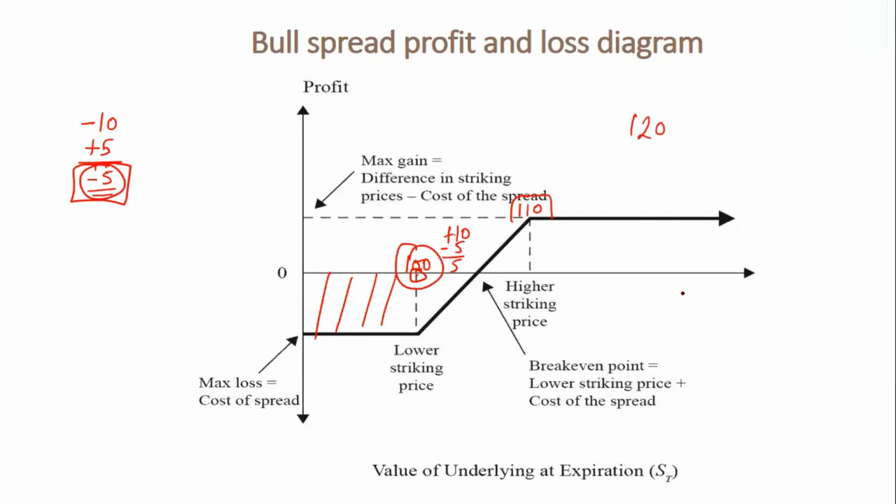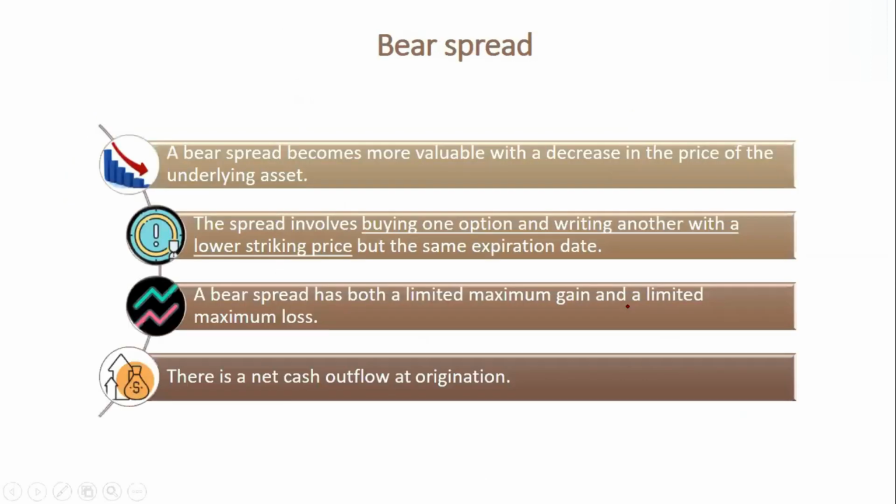On this contract, you made a profit of 20. On the call option you sold, you made a loss of 10. So your net profit is 10 minus the premium you paid, so ultimately your profit remains 5. You see, you're going for limited upside: the maximum profit you can make is 5, and the maximum loss you can have is also 5.